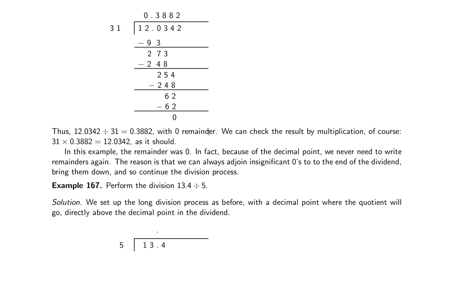And it's a good point here: you can check your answer. If you multiply that 31 back on, so 0.3882 multiplied by 31, you should get the original 12.0342. Dividing and multiplying are opposite operations, inverse operations. Dividing by 31 is the opposite of multiplying by 31.